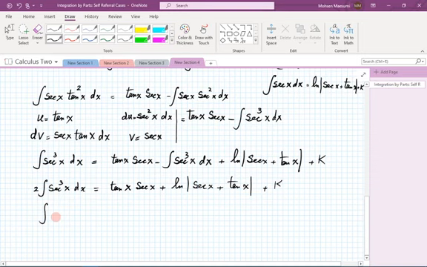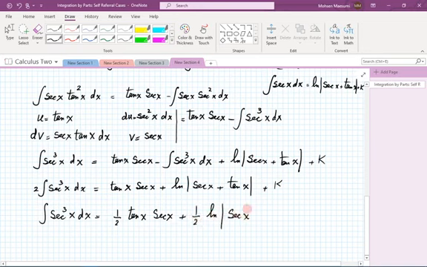So if I want my integral of secant cube of x dx, that's going to be half of this, half of that, and half of that.